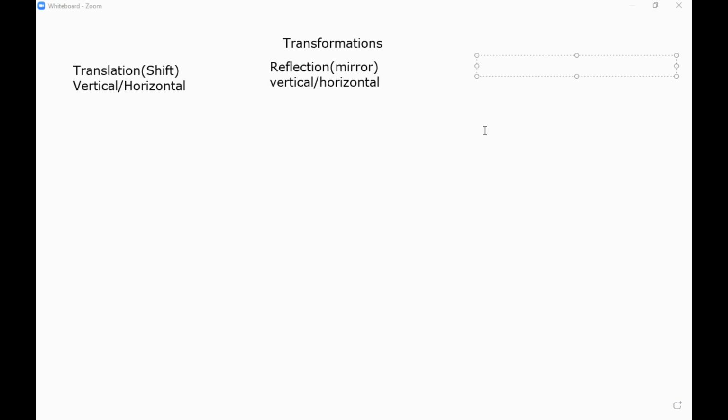And then you get another one which is known as rotation. And this can be 90 degrees or it can be 180 degrees. Rotation goes around a certain point, and there's also a center of rotation that exists.